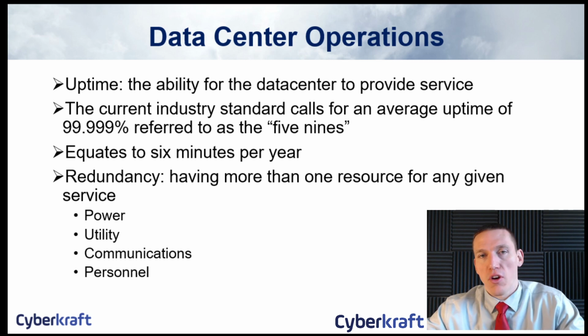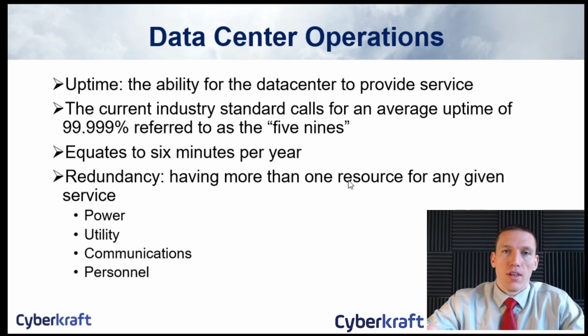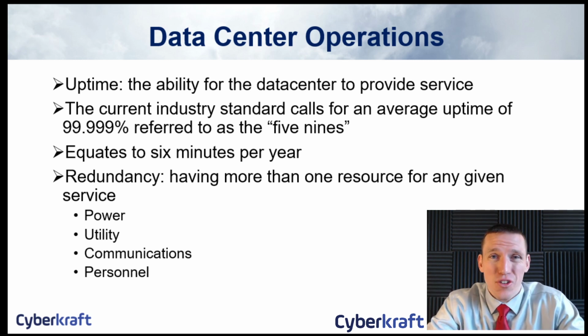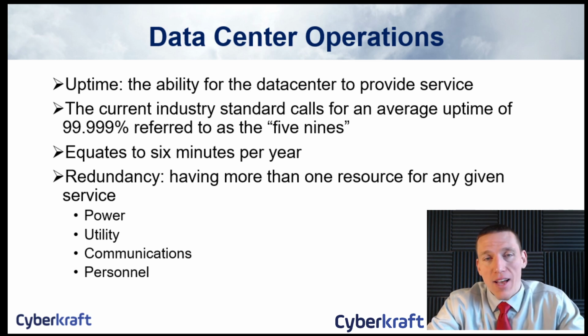So in cloud security, there's a common term known as uptime, and that's measured in percentage. The industry standard currently is 5 nines, 99.999%, and that equates to only a downtime of 6 minutes per year.